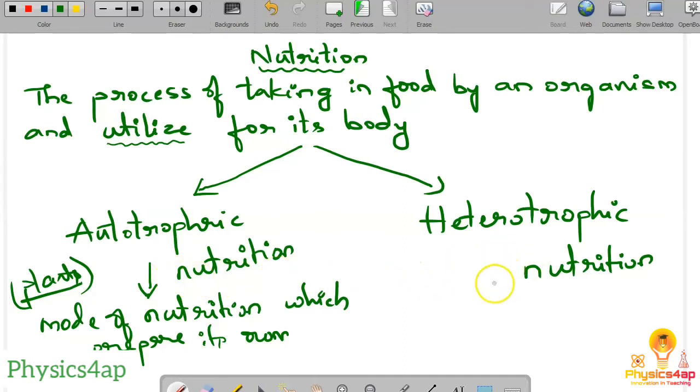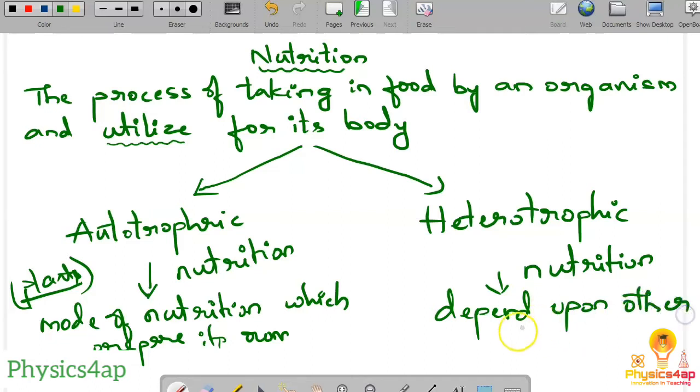Now coming to heterotrophic nutrition, it is a mode of nutrition which depends upon other organisms. Like we humans depend upon other organisms. We can prepare our food by cooking, but the materials which we have, we need to depend upon other organisms like plants or animals.